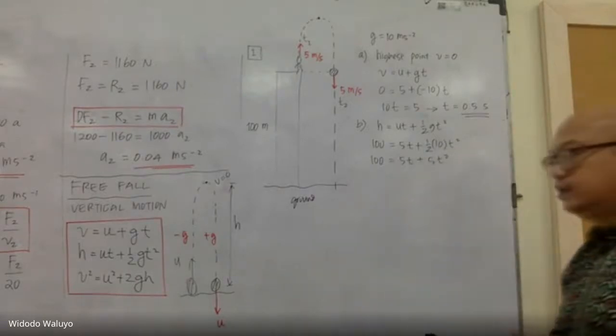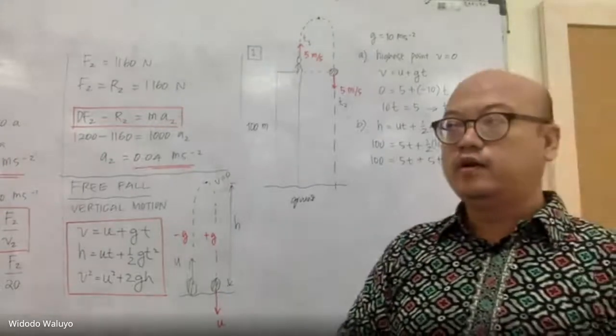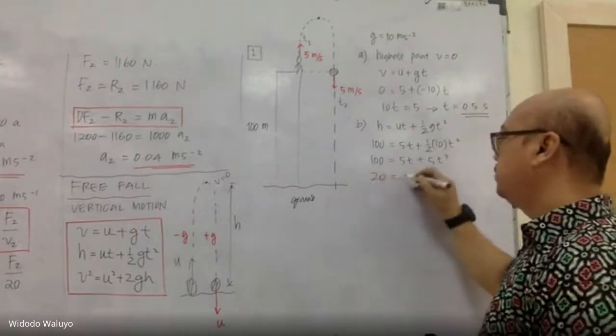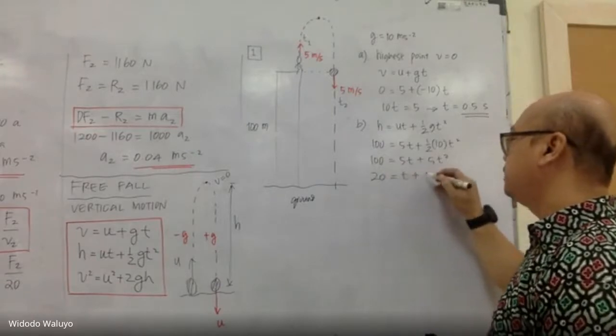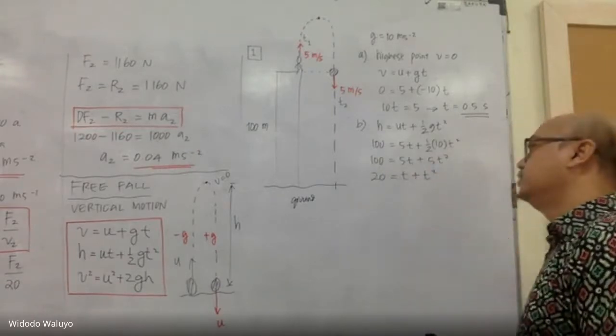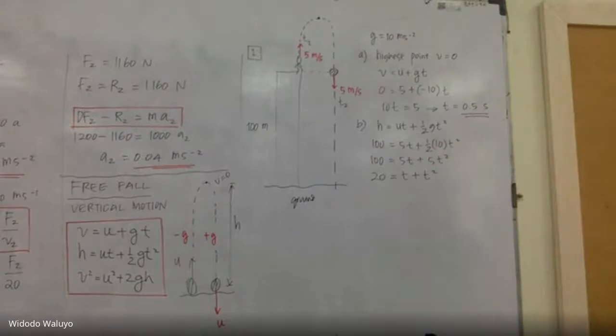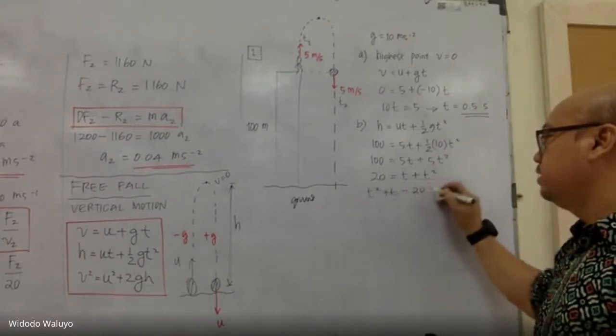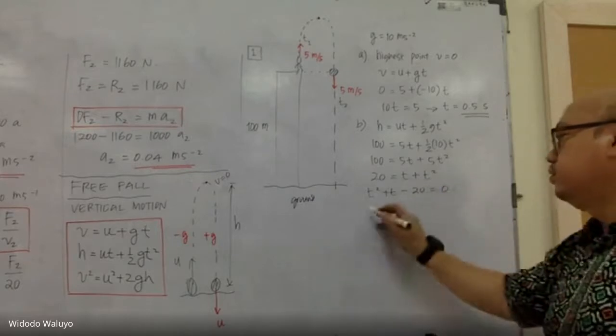Actually, we use the formula of mathematics: t squared plus t minus 20 equals to 0.